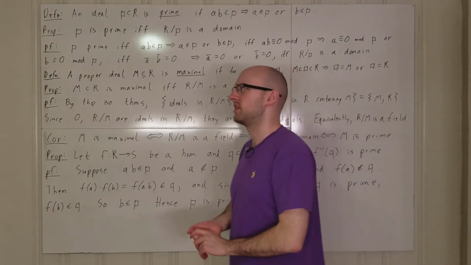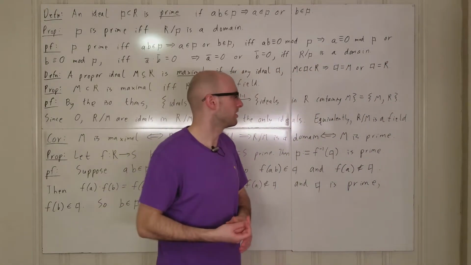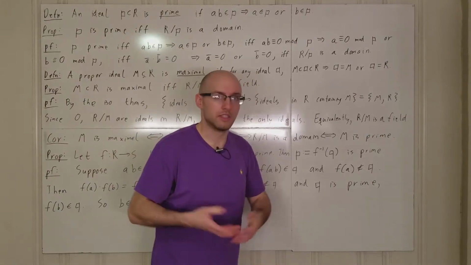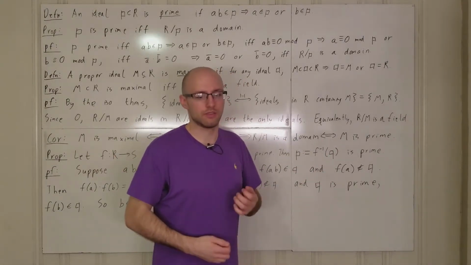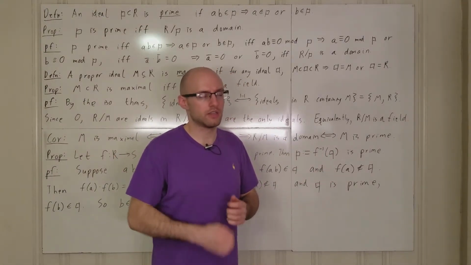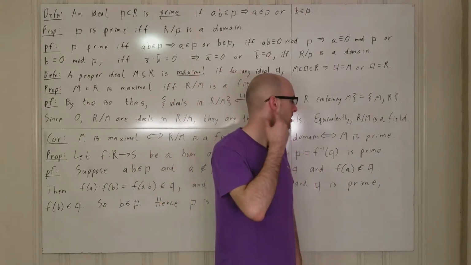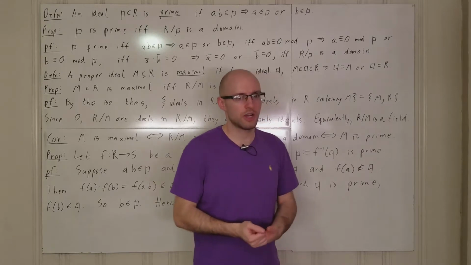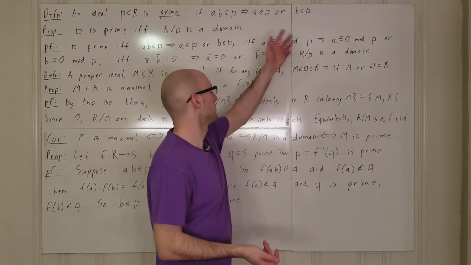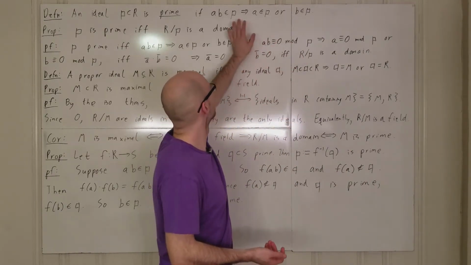There's a lot of really dumb counterexamples where the zero ideal is a counterexample. Just in the integers, the zero ideal is prime because it's obvious.